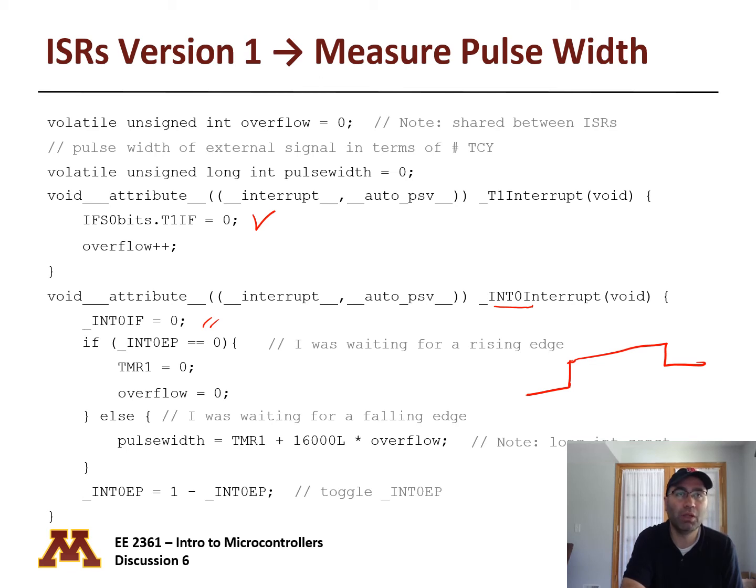But if you clear the timer at this point, when you have the external interrupt, you get rid of that count 1 variable. And at this point, we want to clear the overflow because we want to count the number of overflows that happen, if any, during this time, right?